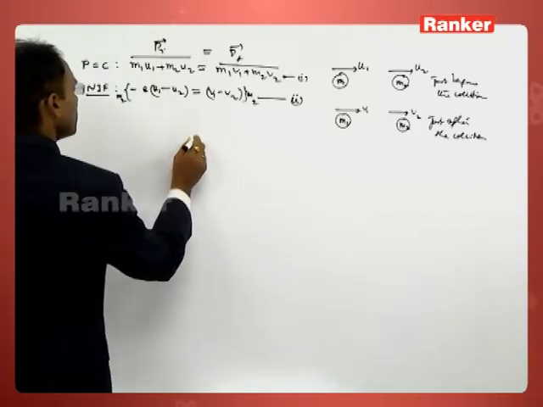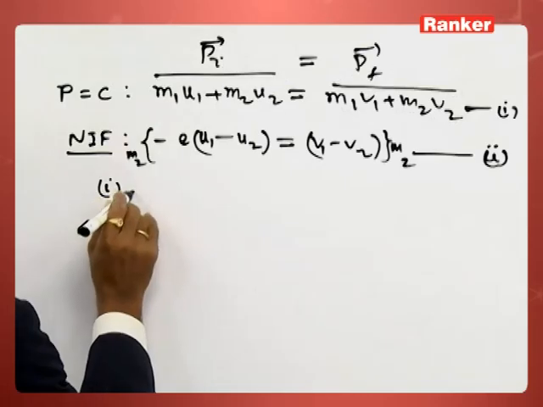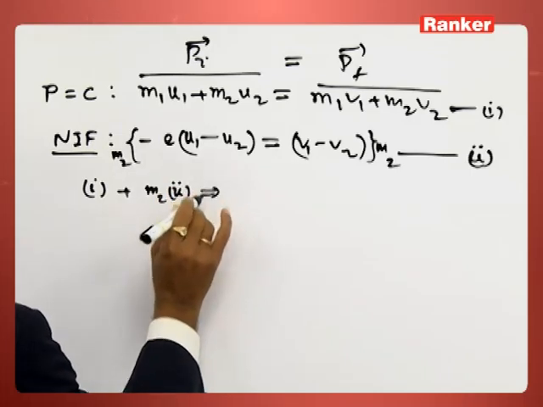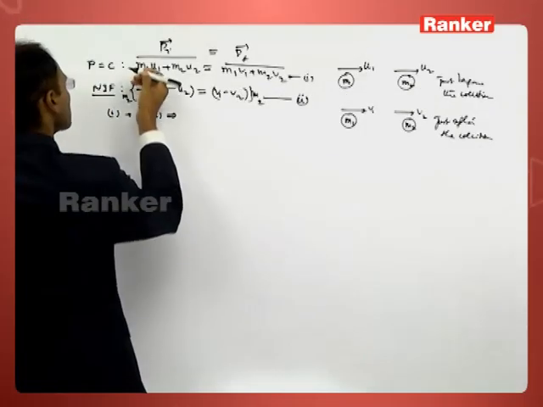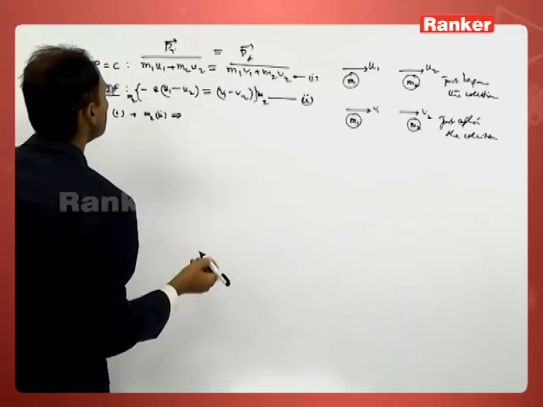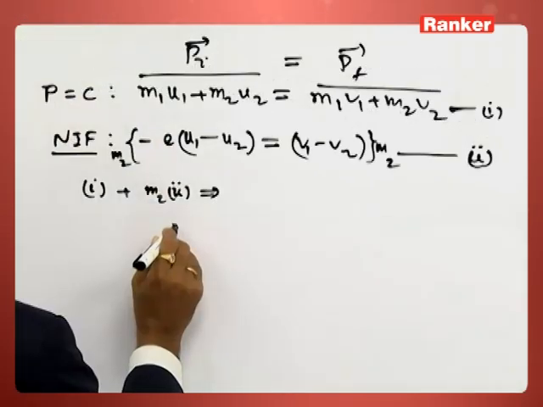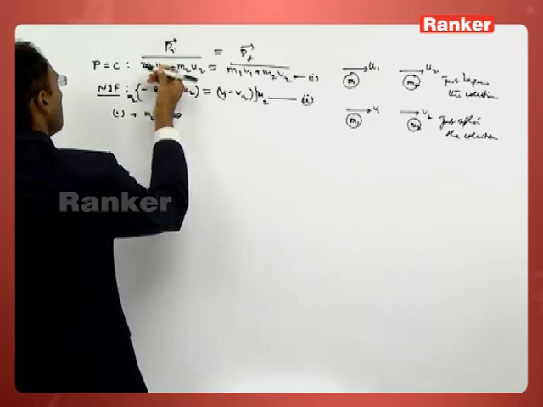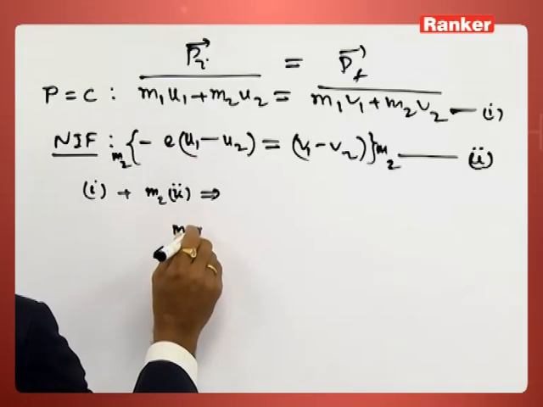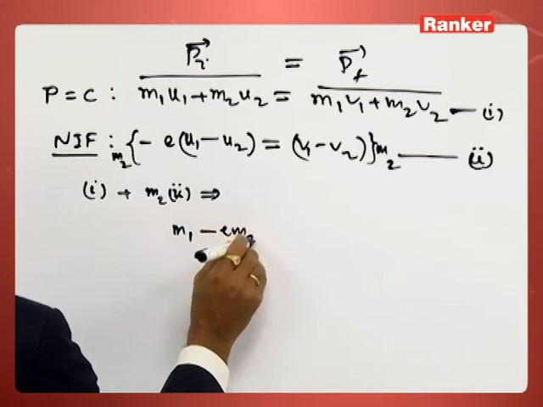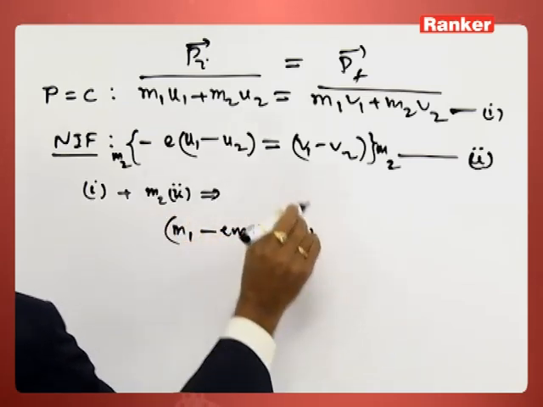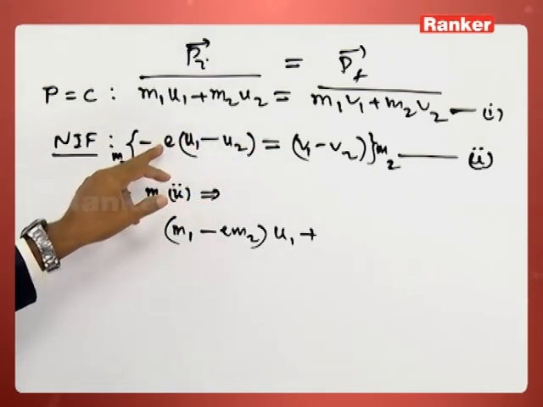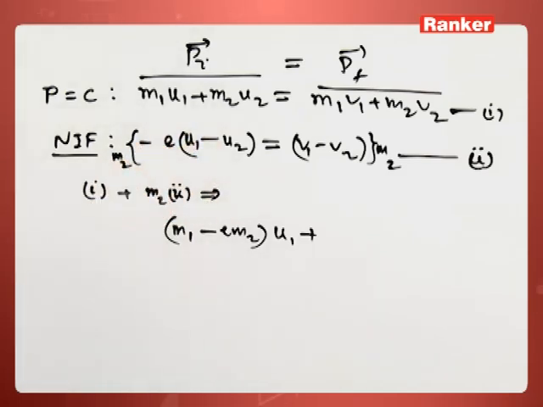So equation 1 plus m2 times equation 2 gives us, on the left hand side, if you take u1 common, m1 minus e m2 into u1 plus m2 u2, plus e m2 u2.